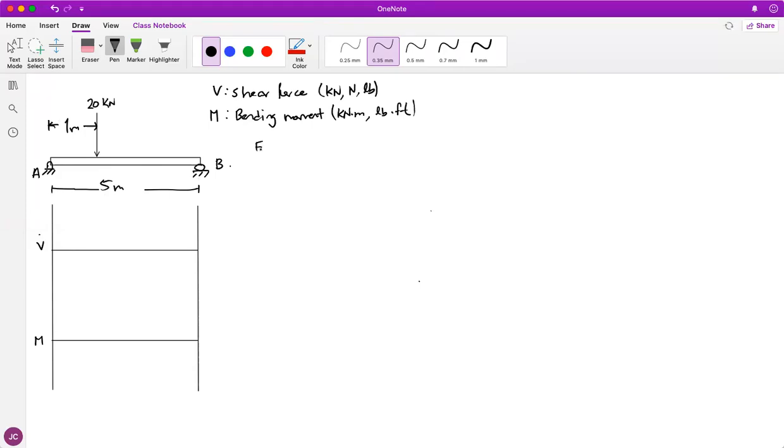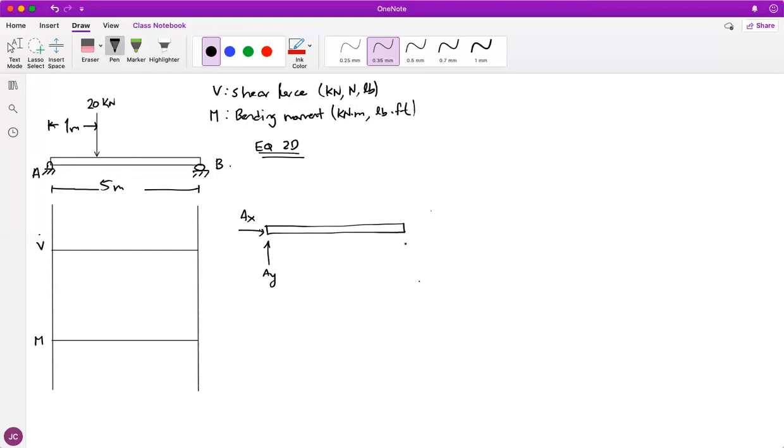Let's just start by doing something that I call equilibrium 2D. The idea is to find the unknowns at A and at B. Maybe from some topics out of this one, you remember that a pin support has an AY and an AX. Those are the unknowns for this type of support.